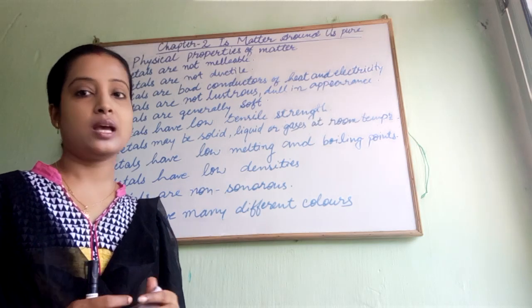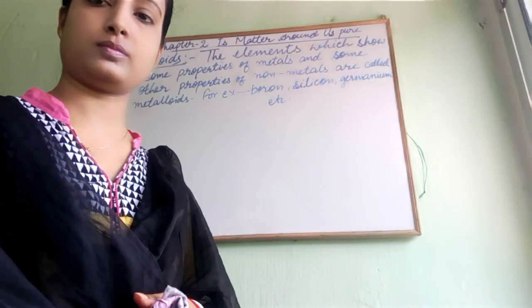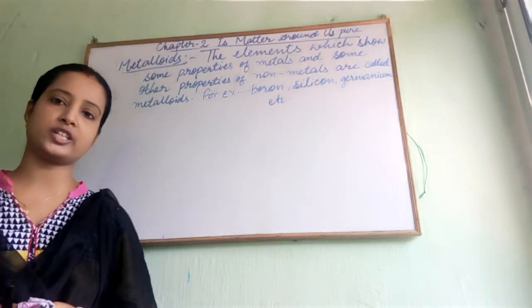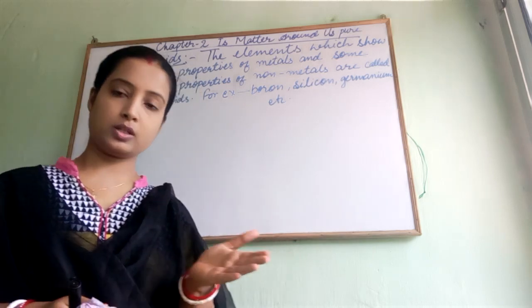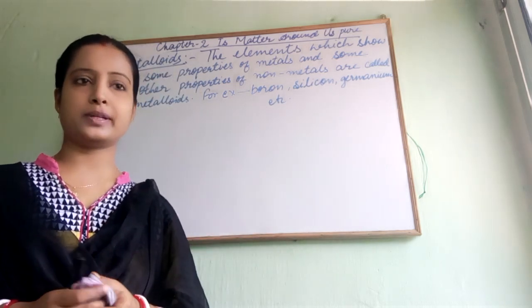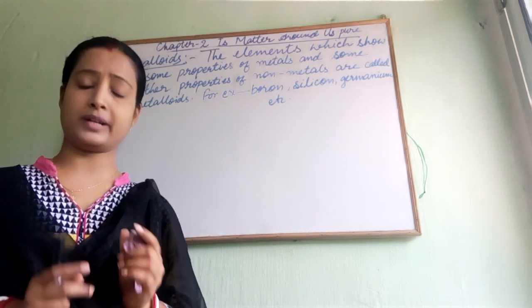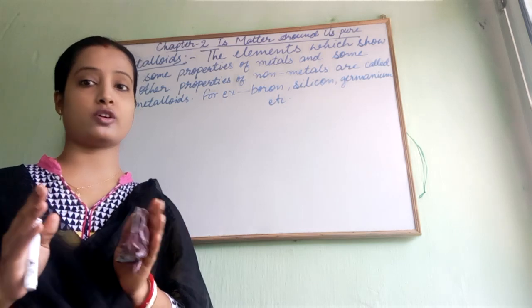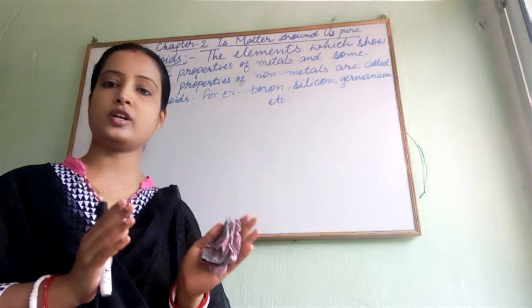Now let's start with metalloids. Yes children, metalloids are actually neither a metal nor a non-metal. They are different. Metalloids are those elements which show some properties of metals and some properties of non-metals.